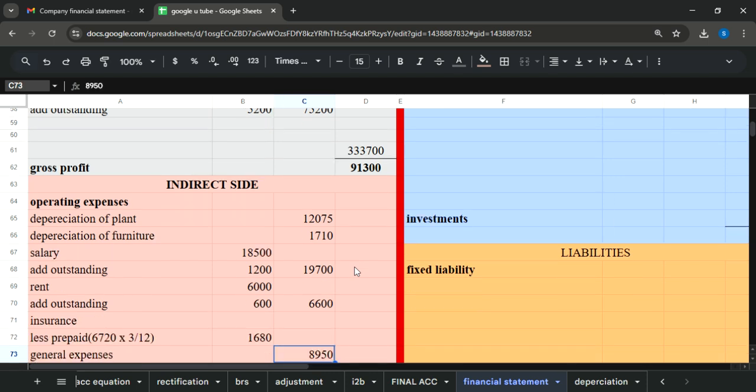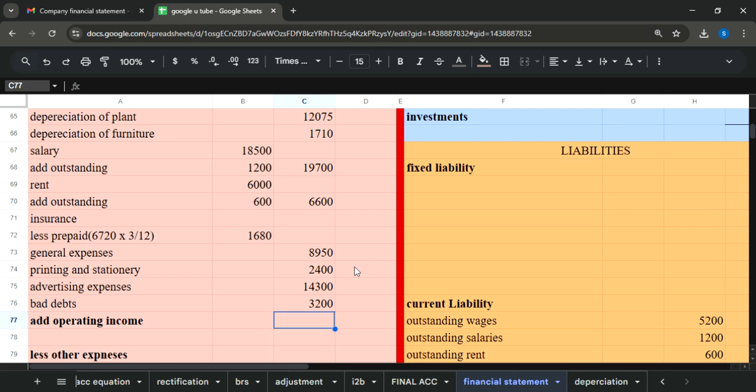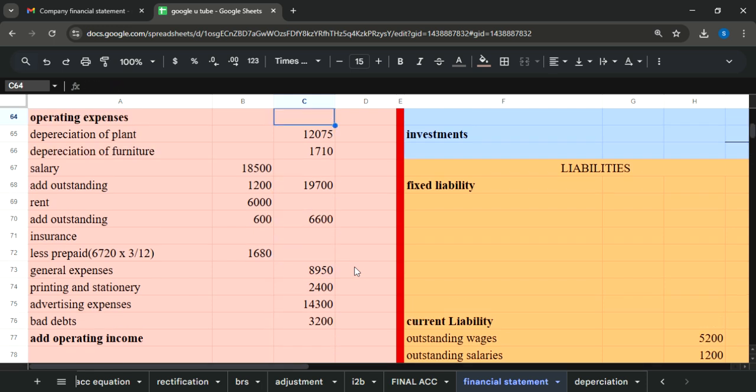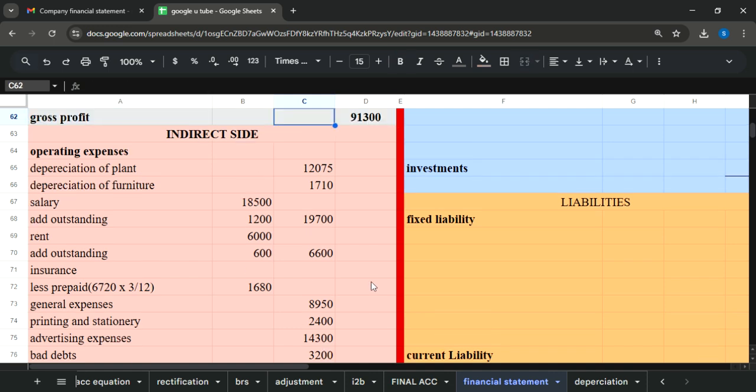Why we have not written insurance? Oh, insurance was having adjustment as well. So we will have to focus on the amount. Please note it down. This is prepaid related to insurance.